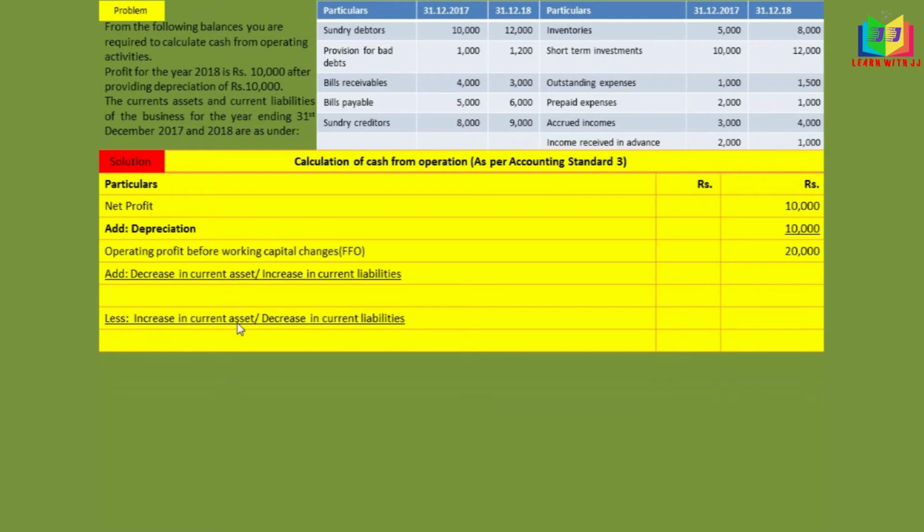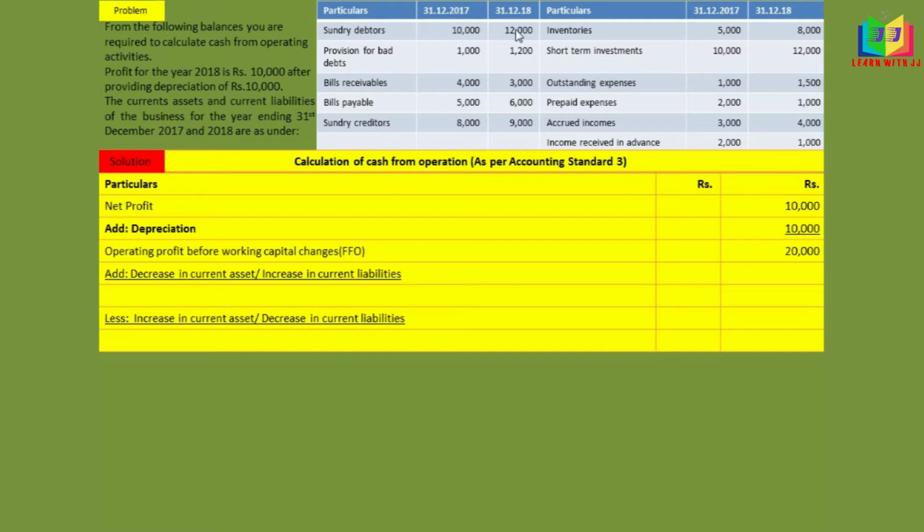Yes, increase in current assets and decrease in current liability we have to subtract. We'll check for this 2-year period and find whether there is increase or decrease in the current assets and current liability. First, sundry debtors: 10,000 is the opening balance and closing is 12,000.